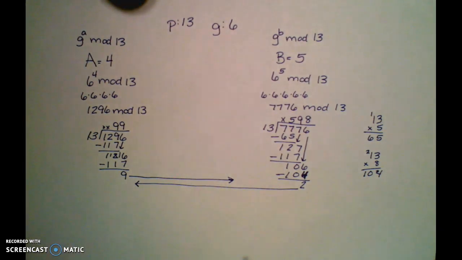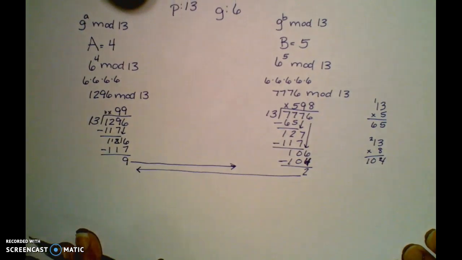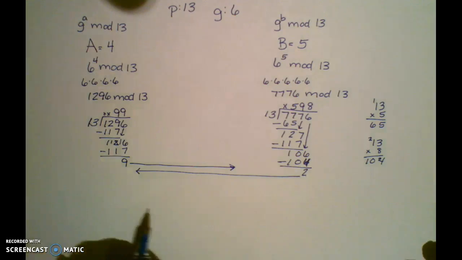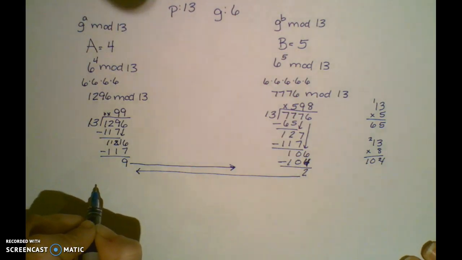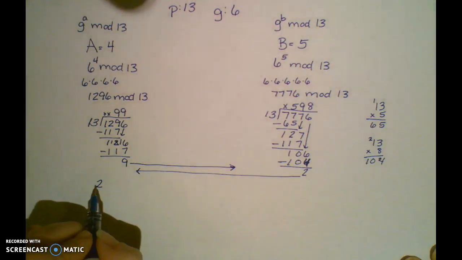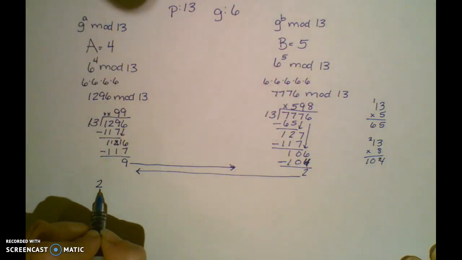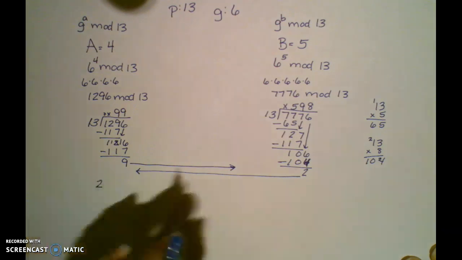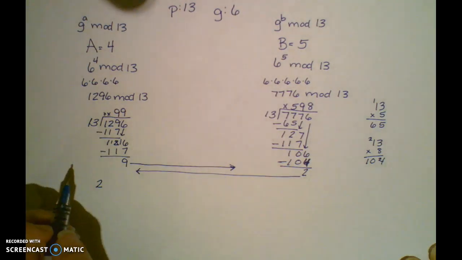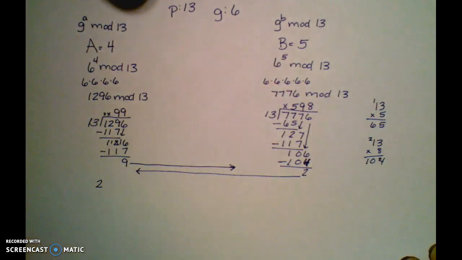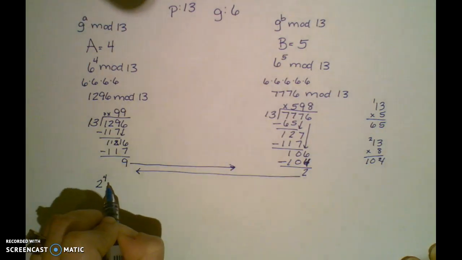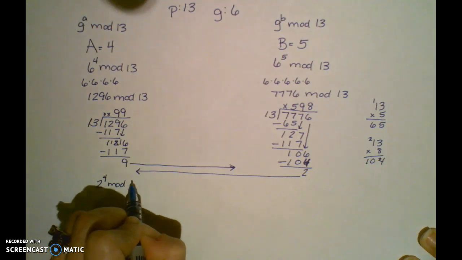So now what Alice is going to do is take that 2 that Bob sent and replace the generator with it. So instead of G to the A, she's going to use Bob's public number that he sent across. And again, all those Eves are seeing these numbers come across, but they don't mean anything to them. So she takes that 2, raises it to her secret power, mod 13.